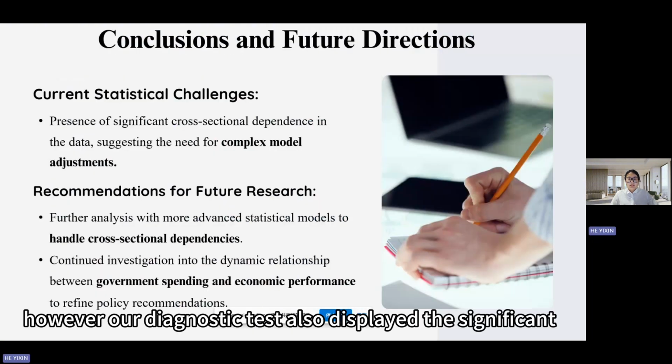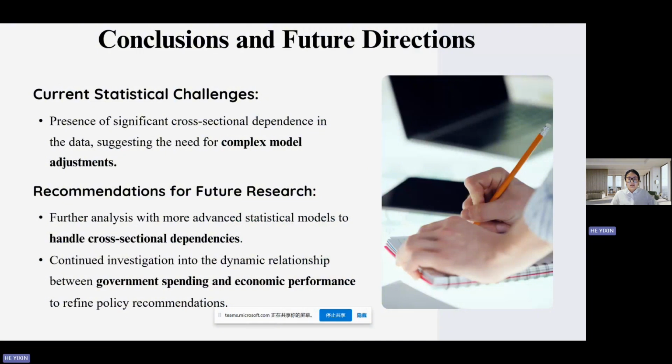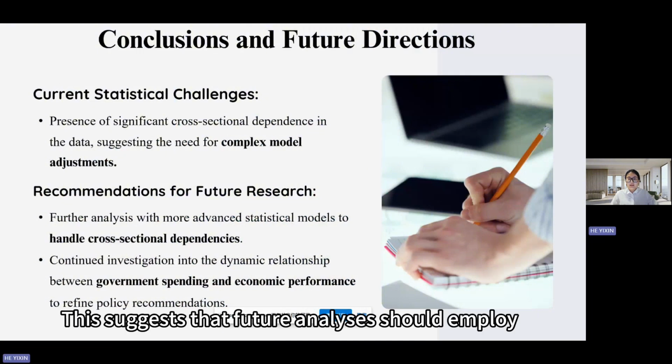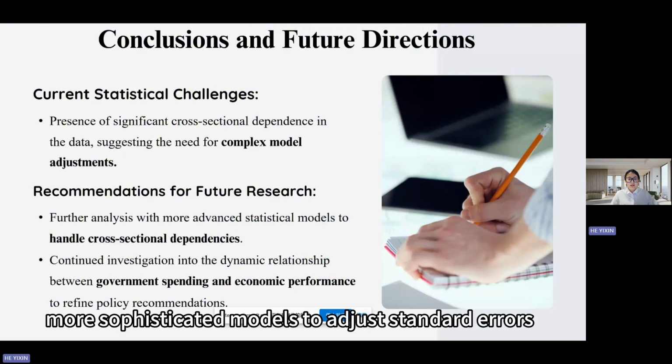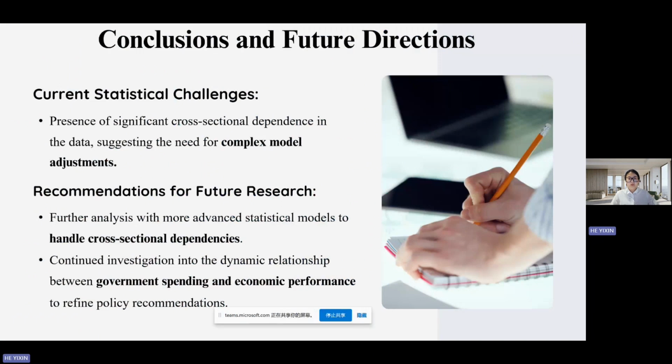However, our diagnostic test also displays a significant cross-sectional dependence in the data. This suggests that future analysis should employ more sophisticated models to adjust standard errors and avoid biased statistical inferences.